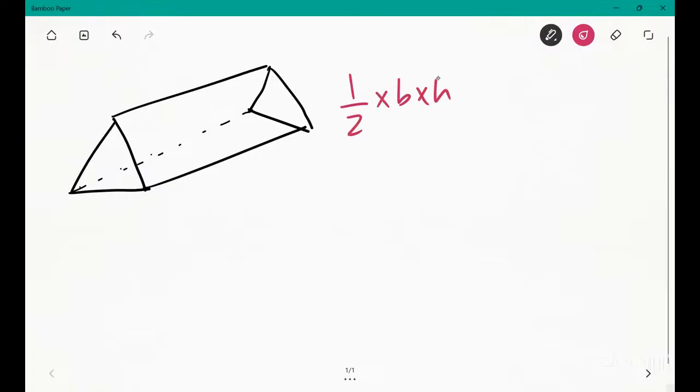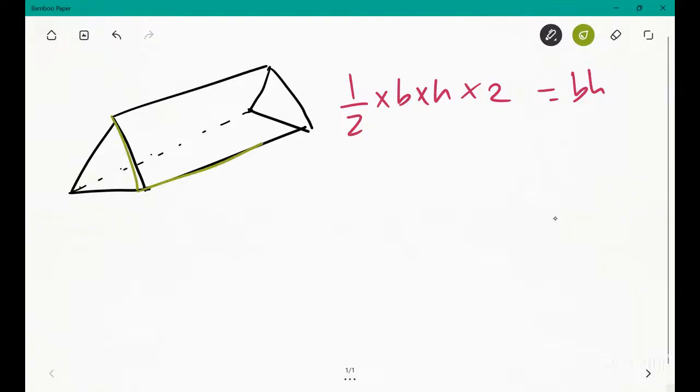Here you have two triangles, so into 2, and you can simplify this 2. So it's simply base into height.